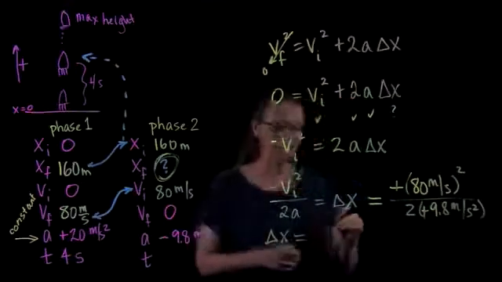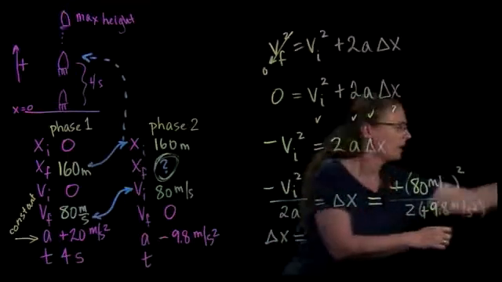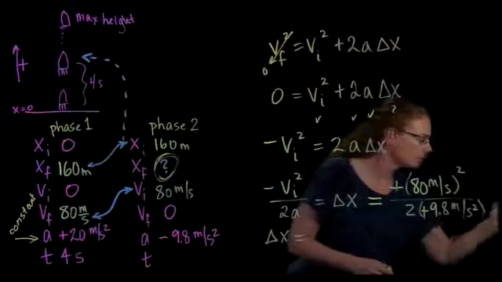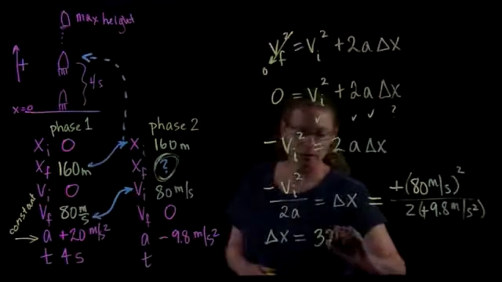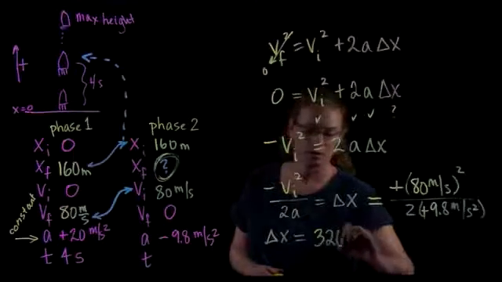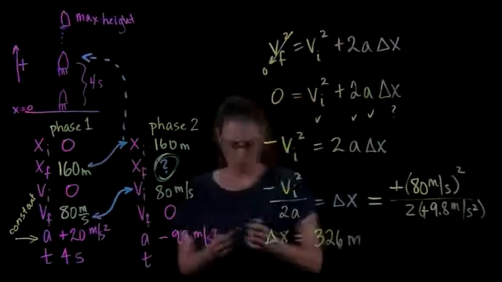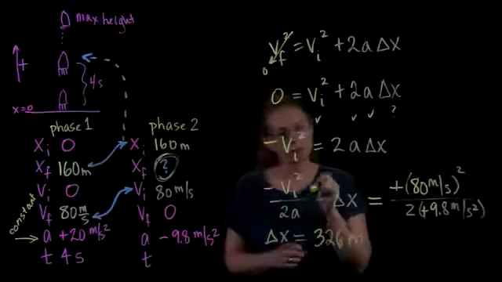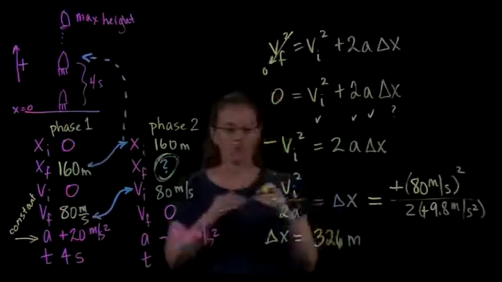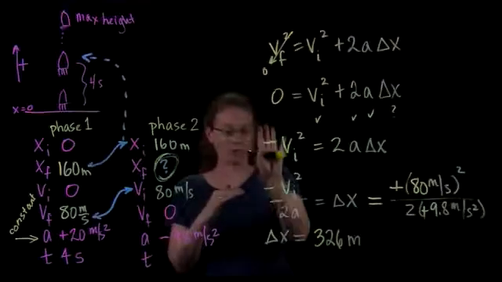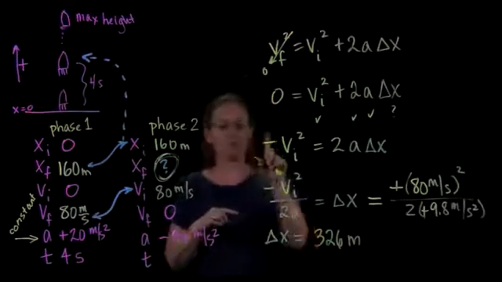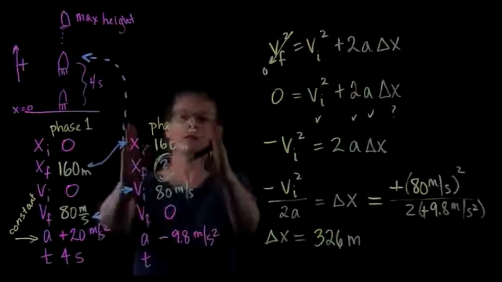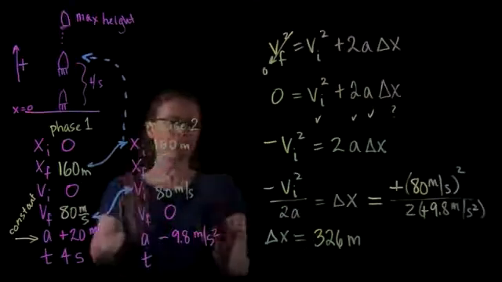Okay, no more negatives. And when we do that in the calculator, let's see what I got. Hopefully you'll get the same thing. I ended up with a delta x of 326 meters. So delta x, that's the change in position. So it actually changed, and this is positive, so it went upwards, because way back here, we picked positive as up. It went up 326 meters in this phase, just in this phase.